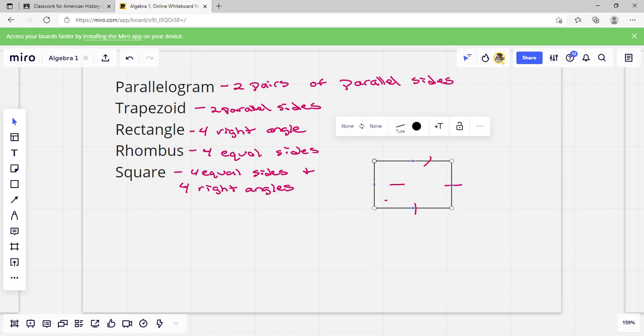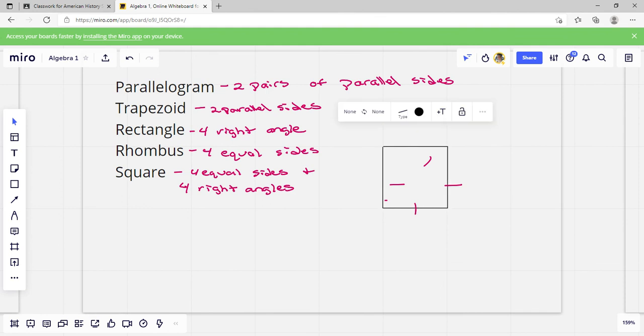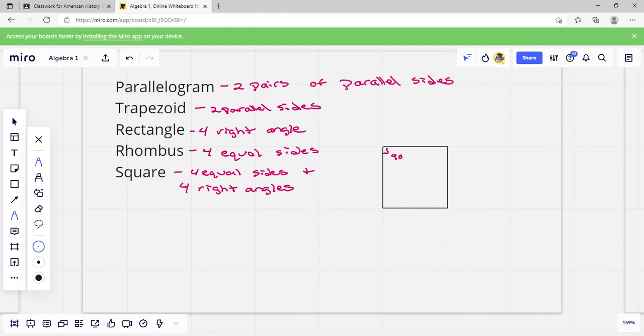The sides have to be equal. Let's see. And we know what a square looks like, don't we? We learned that in kindergarten. There we go. There is a square. And what makes that a square is that our sides are equal and our angles are all 90 degrees. So square corner, 90 degrees, and all of our sides are equal length. Okay, that's what a square is.